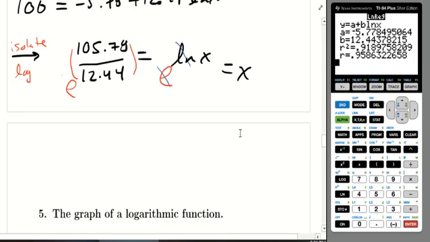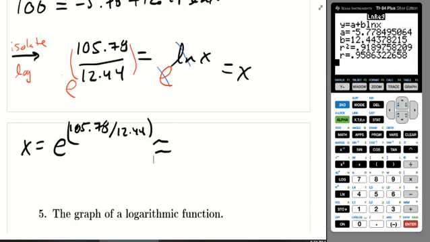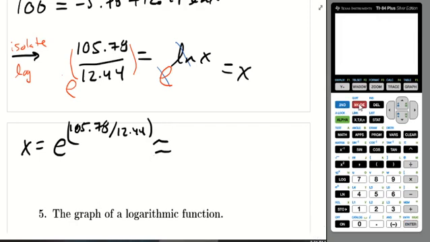Okay, so the exact answer is e to the 105.78 over 12.44, all that in the exponent. And I think that comes out to be something like 4,000 hours. Let's see.